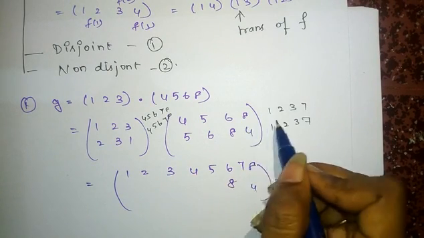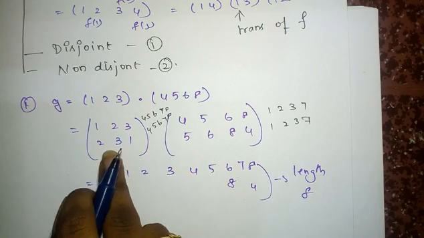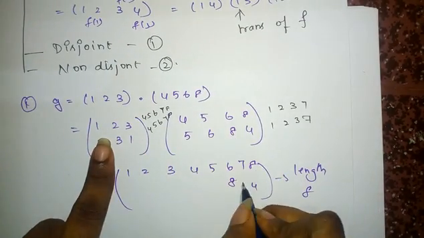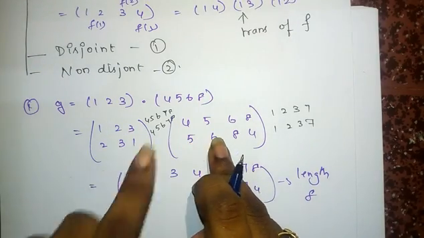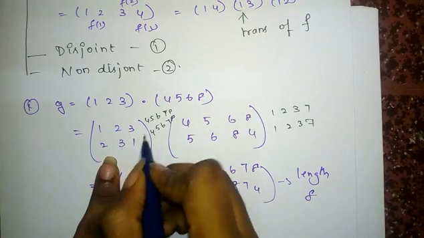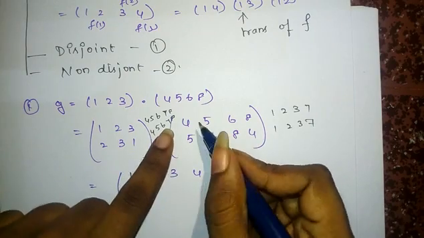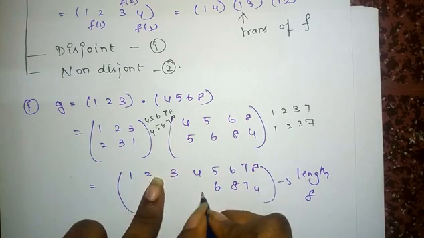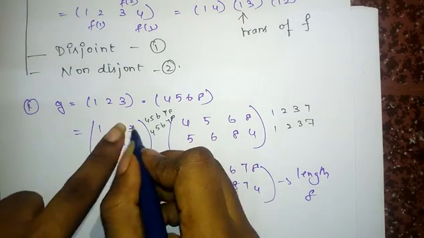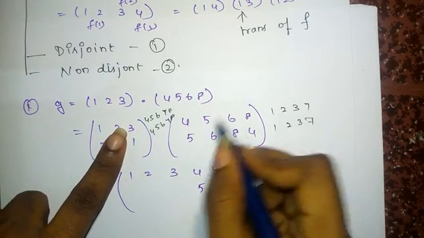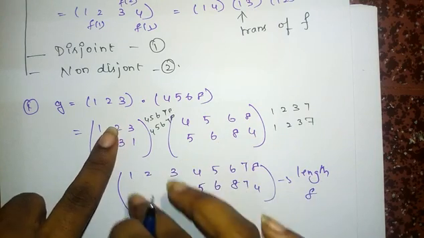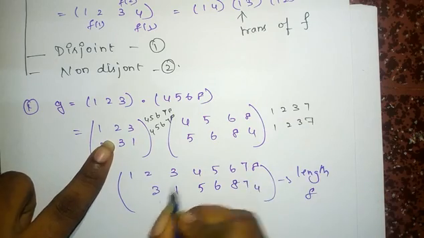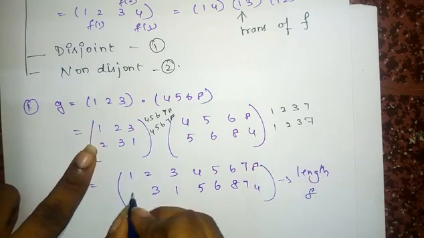And of course I left 7. 7 is mapped to 7 because 7 is not here, so it means it's an identity mapping. 5 is mapped to 6. 6 is not here, it means identity mapping. 4 is mapped to 5. 3 is mapped to 1. 2 is not here, so 2 is mapped to 2. 2 is mapped to 3. 1 is mapped to 1, 1 is mapped to 2.